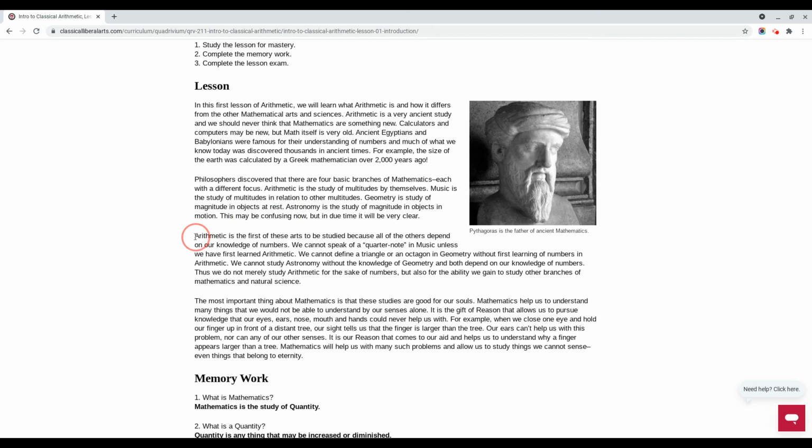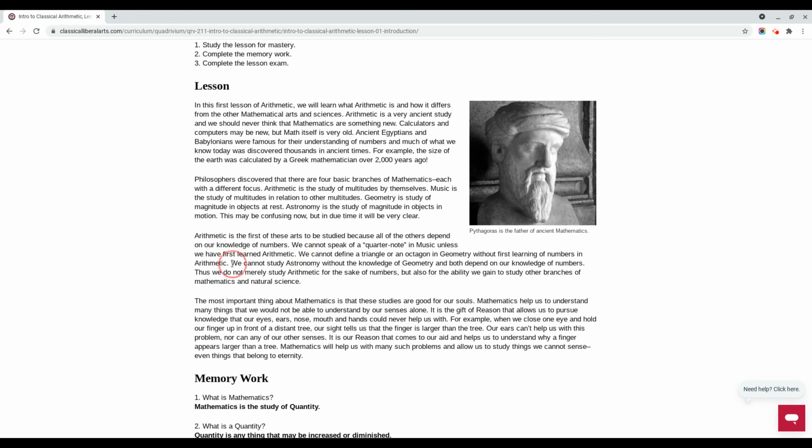Arithmetic is the first of these arts to be studied because all of the others depend on our knowledge of numbers. We cannot speak of a quarter note in music unless we have first learned arithmetic. We cannot define a triangle or an octagon in geometry without first learning of numbers in arithmetic.